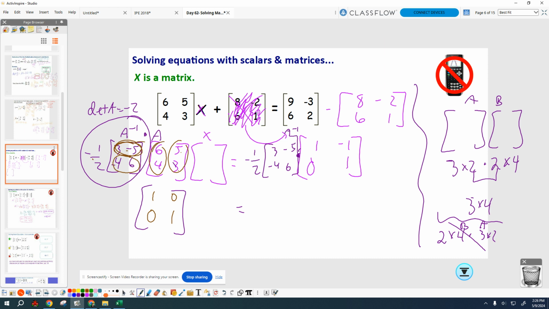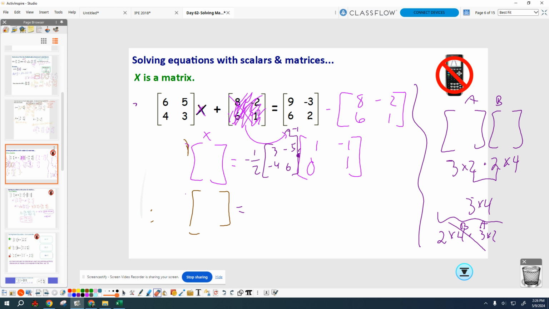The bottom row, -4 times 6, plus 4 times 6, -24 plus 24 goes to 0. And then -4 times 5 is -20, plus 18, -2 times -1/2 is that +1. So that means this side's just gonna be that matrix X, which is what I was looking for. And this looks scary, so I'm gonna erase it. But that was just to show you all of that stuff is how we divide by a box of numbers.